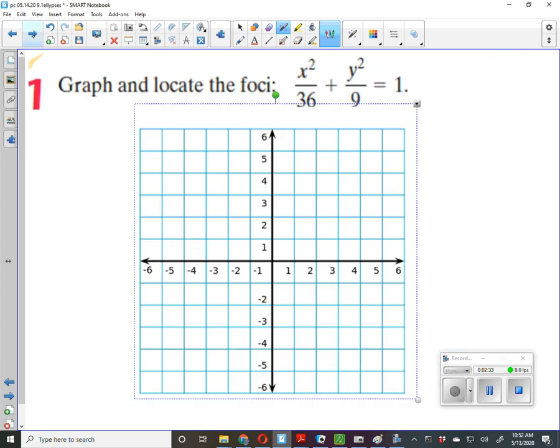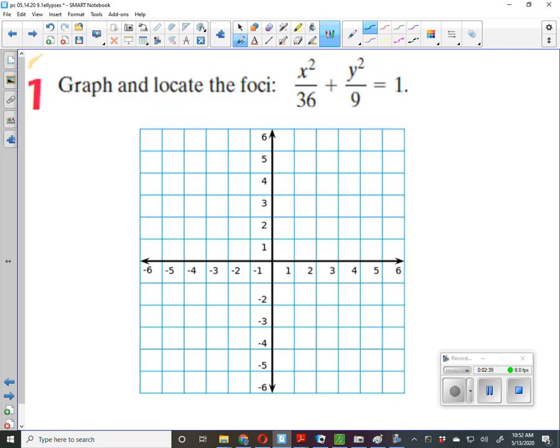Okay, so here we go. I know that a is the square root of 36, or 6. I know b is the square root of 9, or 3.